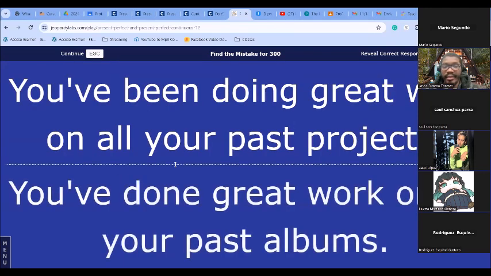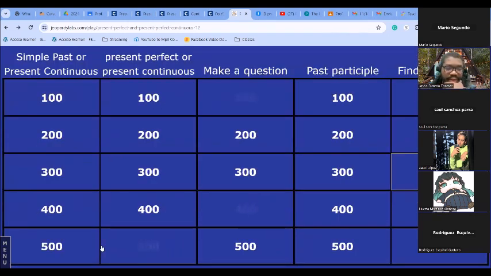You can't have it as continuous if it's all in the past. Right? If they finished in the past, it can no longer be progressive. Progressive means it's continuing. All right? Read for me. You have done great work on all your past albums. Good. Or past projects as well is also good. All right? Good.